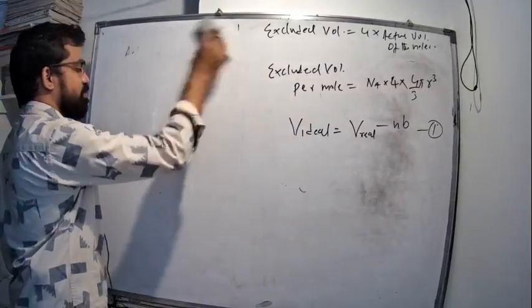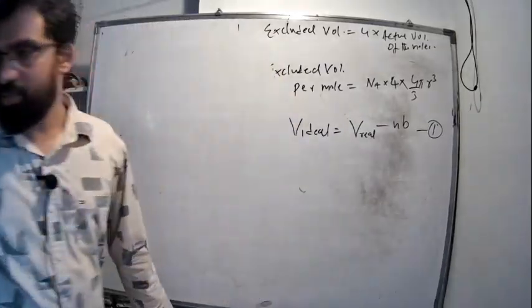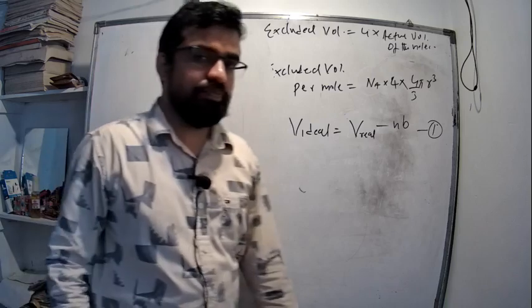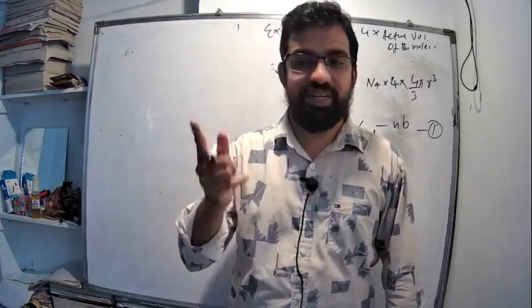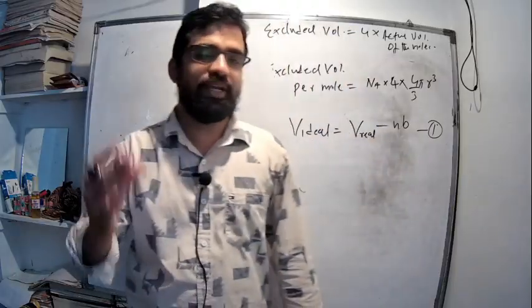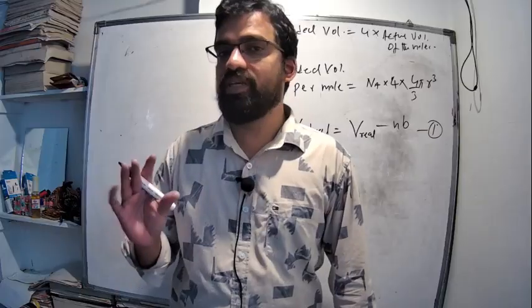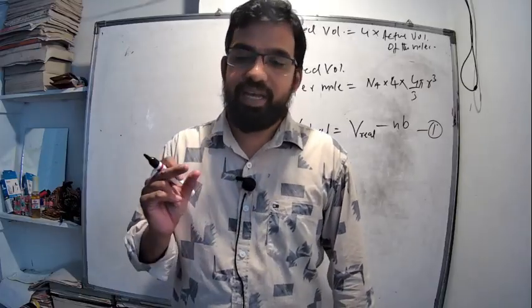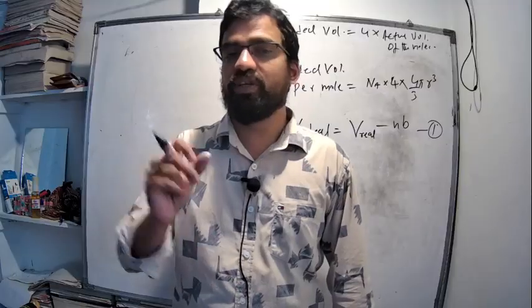So what is the pressure? Pressure is the force per unit area. So you can say that we have assumed that in the ideal gas there is no intermolecular force of attraction between the gas molecules, but actually you know that there are intermolecular forces of attraction.